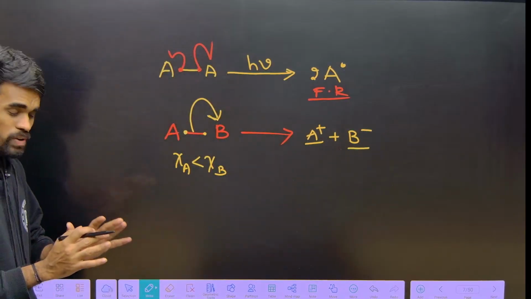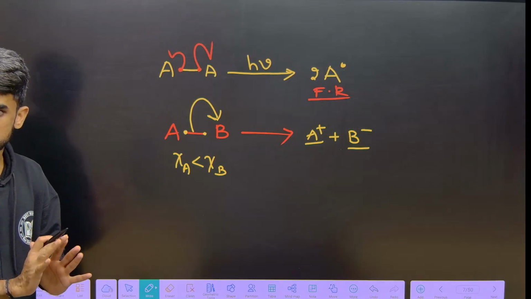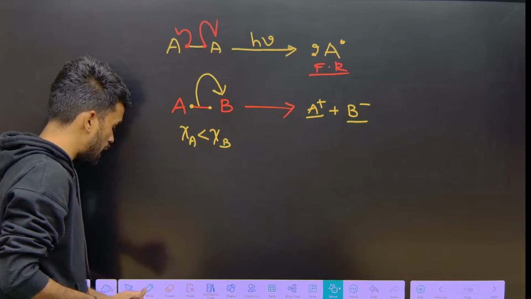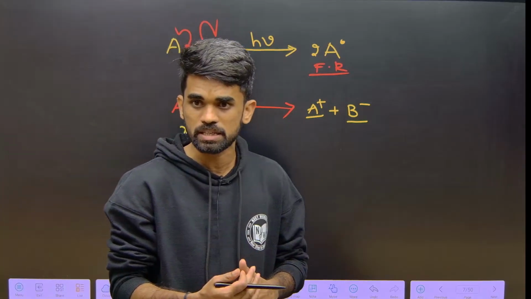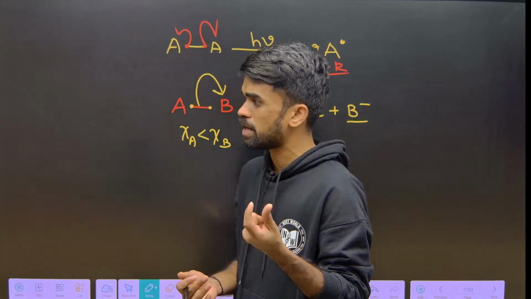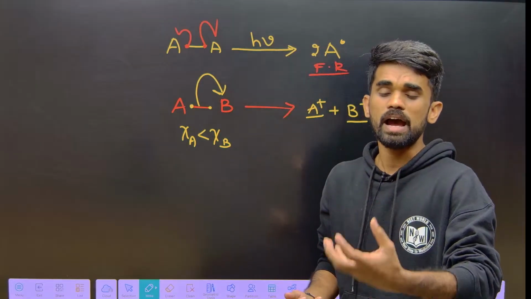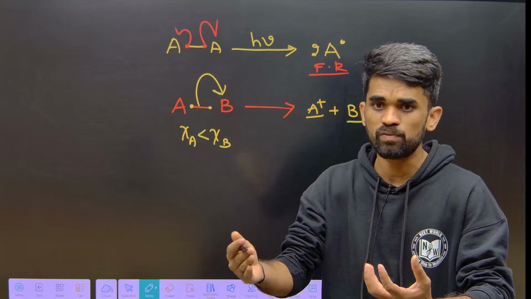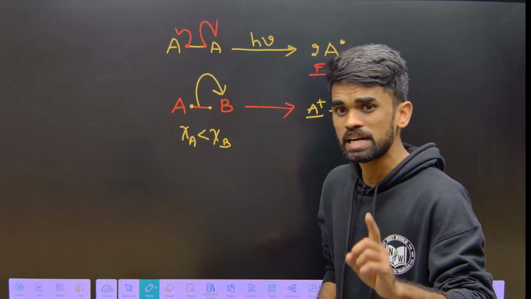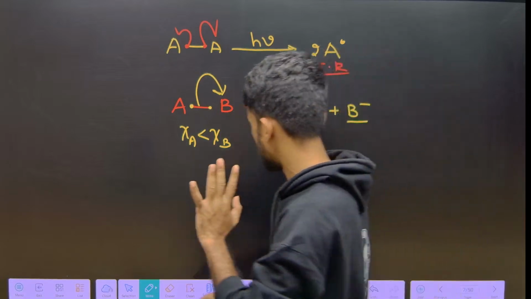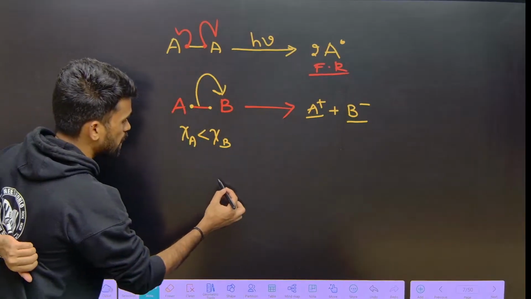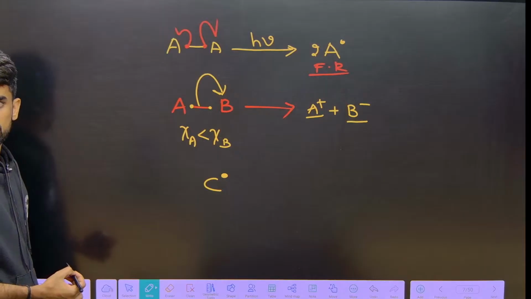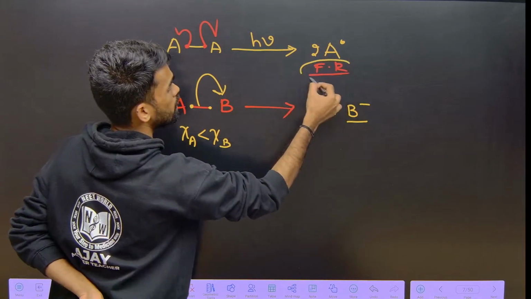Now we are studying organic chemical reactions. Organic chemistry is associated with what? Carbon and its compounds. Organic compounds are associated with carbon, hydrogen, and sometimes heteroatoms like oxygen, nitrogen, sulfur may also be present, but generally they contain carbon and hydrogen. Carbon with one electron is called a free radical.